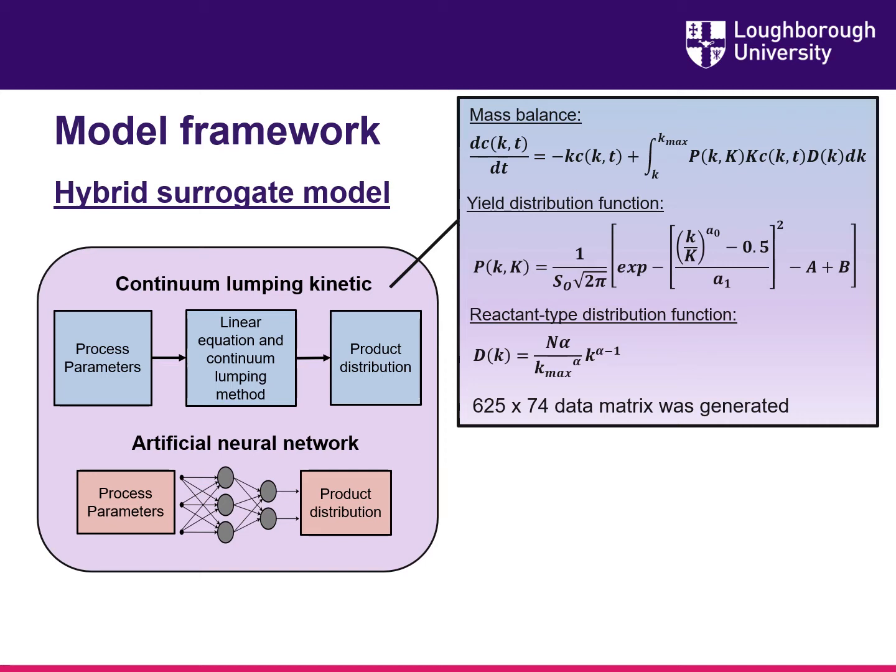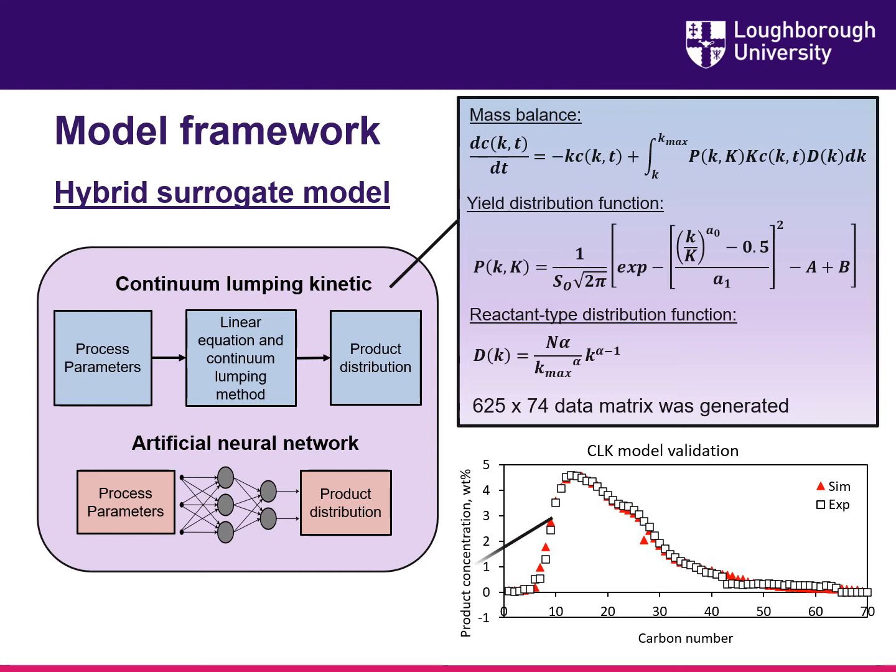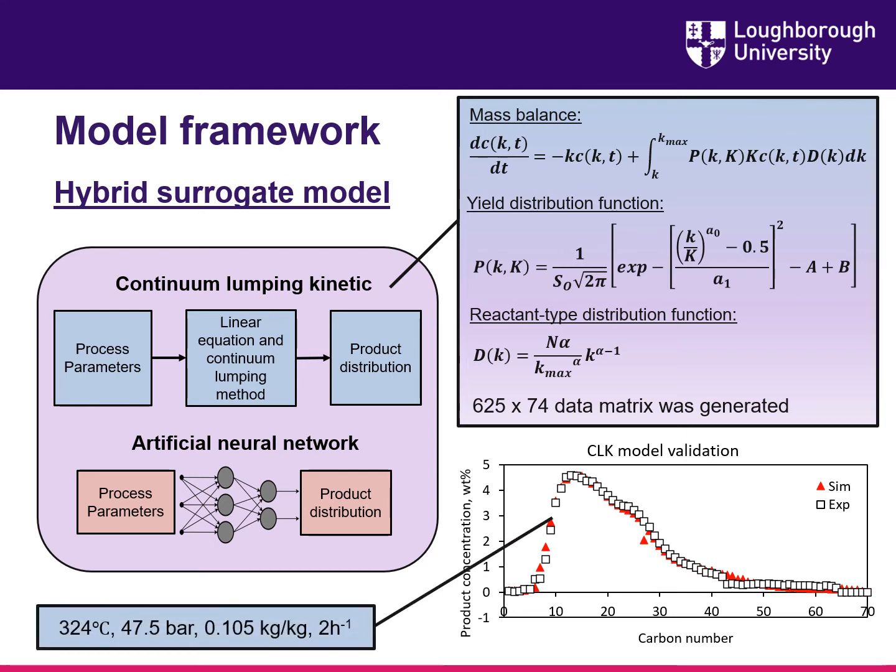So before using as a training data in the ANN model, this simulation data is validated with the experimental data with similar operating condition, which you can see at the left bottom here. And the results have proven the reliability of the model data, and it's ready to be used as a training data for the ANN model.